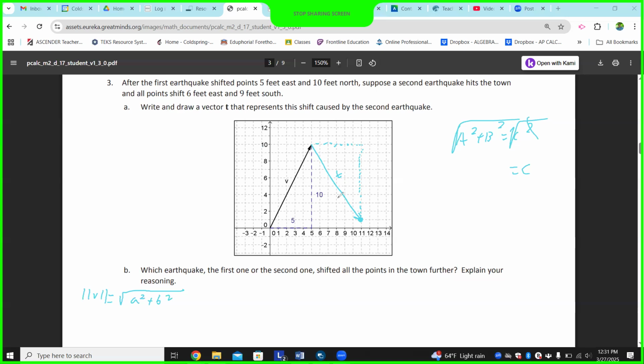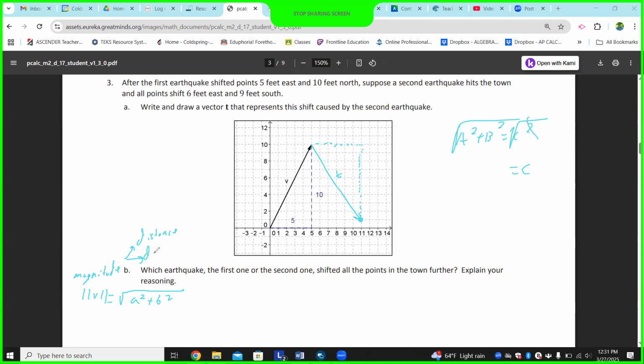Remember our notation from module 1: double bars around a vector mean magnitude. It's notation purposes. And magnitude tells us two things, distance and direction.